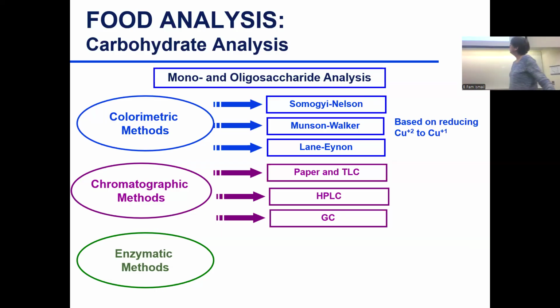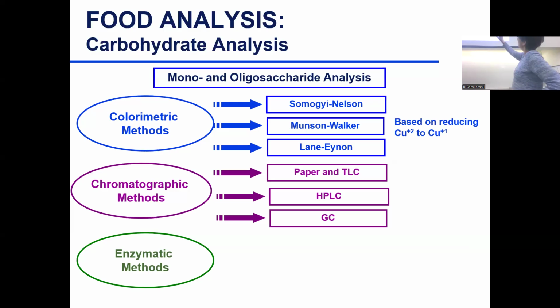I will be talking about three different categories of analysis. First, colorimetric methods, mostly for measuring reducing sugars, based on reduction of cupric ions to cuprous. We have several methods with similar principles, and the most common is the Somogyi-Nelson method.